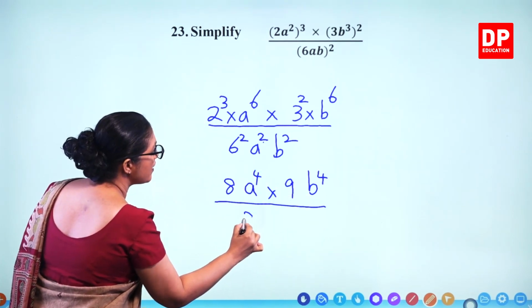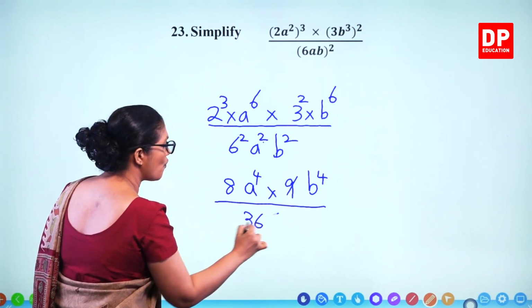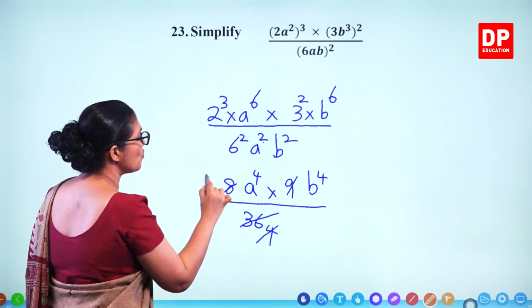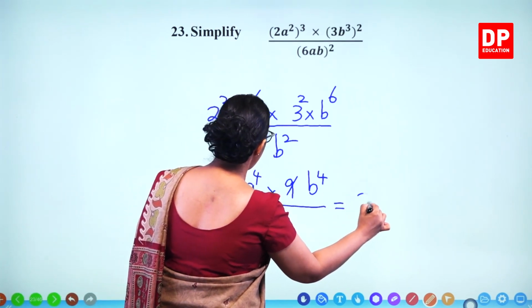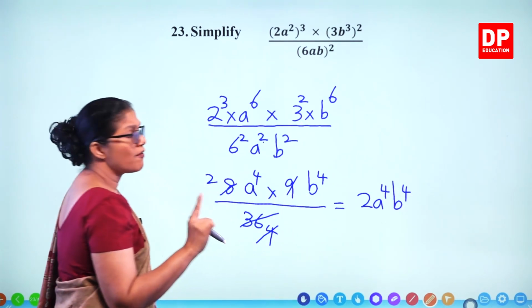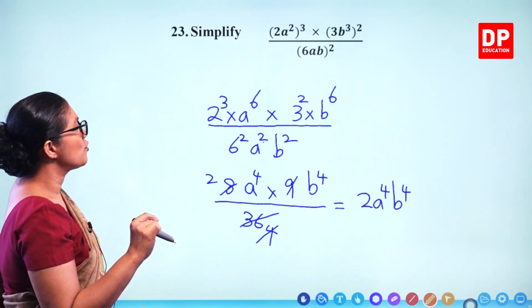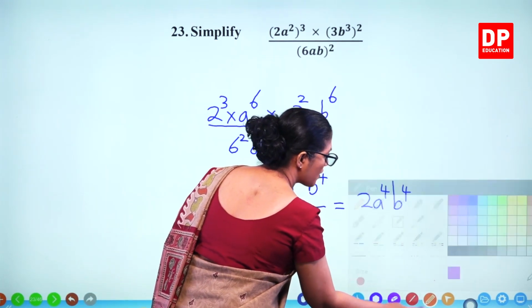And here 6 squared is 36. So 9 times 4, 36. 4 times 2, 8. 2, A4, B4. Power is 4 now. 2A to the power 4 and B to the power 4. 2 marks you get.